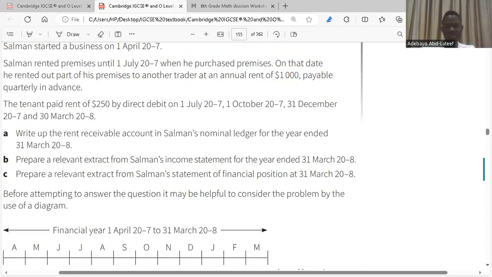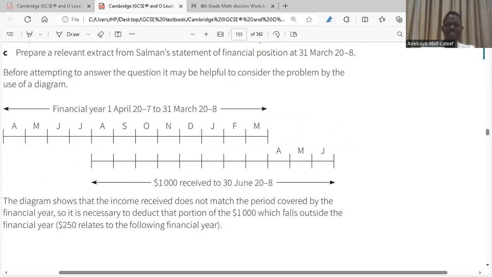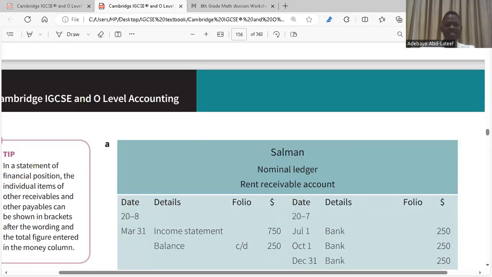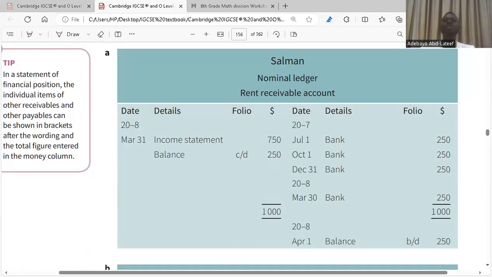It's 250 in July, October, December, and March. Did you see it? It's 1,000. So if he has paid 1,000, how do you record it?